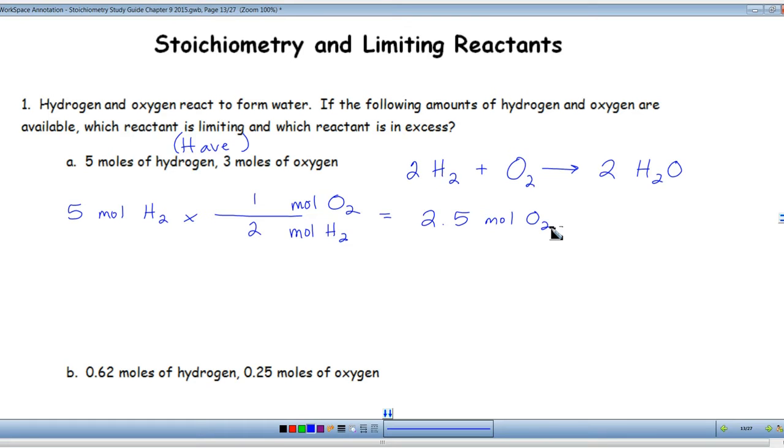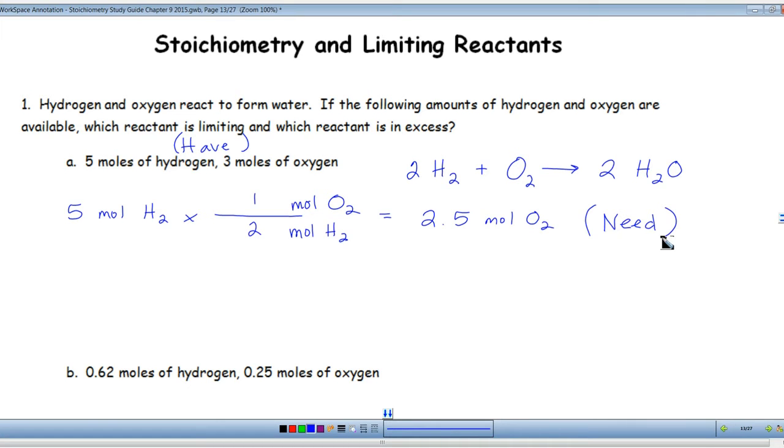But we have to understand what this number means. The important thing about this number is that it's the amount of oxygen that you need. Here's the amount of oxygen that I would need to completely react 5 moles of hydrogen. You always need half as much oxygen, given that 2-to-1 ratio in the balanced equation.